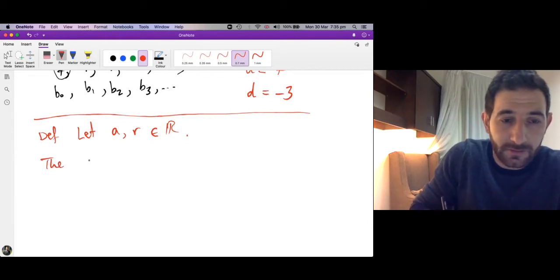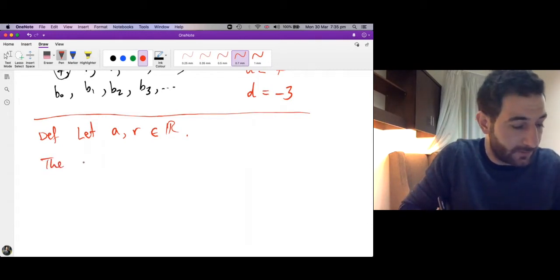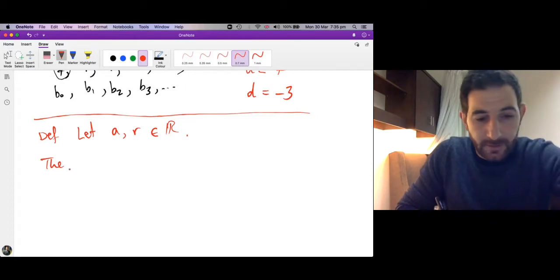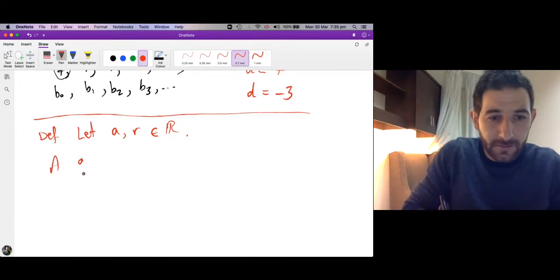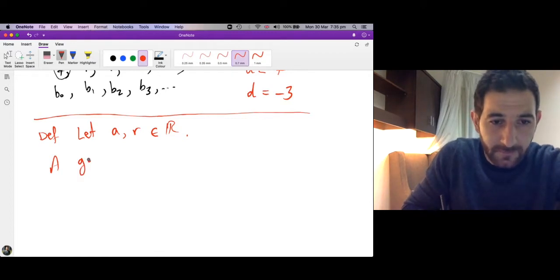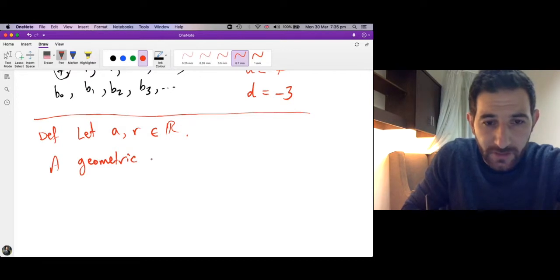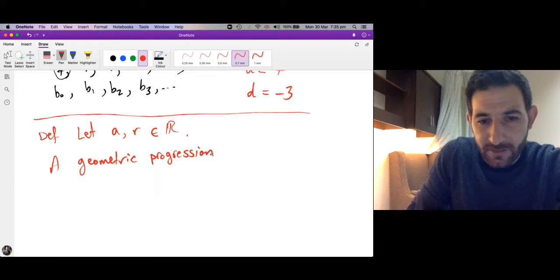A geometric progression is a sequence. The term progression means a sequence.